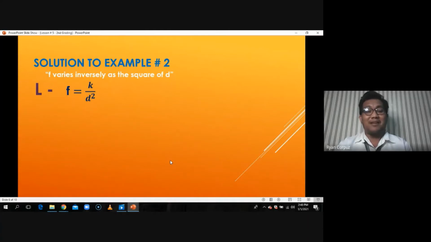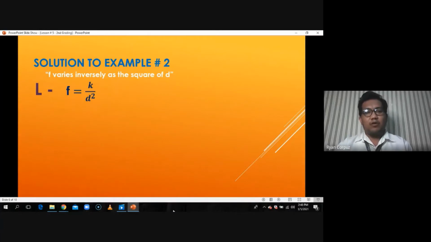There is only direct square variation. But it does not necessarily mean that we cannot use the square in other kinds of variation. Just like example number 2, the problem is about inverse variation, but we made use of the word square also. So that's F is equal to K over D squared.